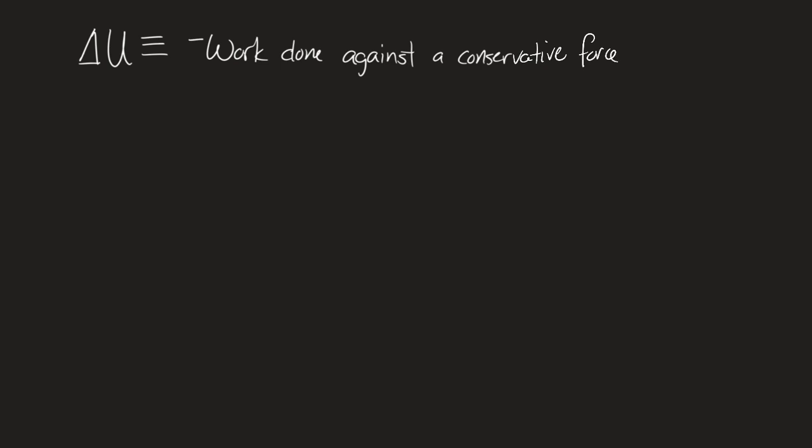This is how we define a change in potential energy. This concept might be difficult for us. Like, why is it defined this way? And I want to show you why it's defined this way so you get an understanding, but what we're going to do is we're going to derive gravitational potential energy.